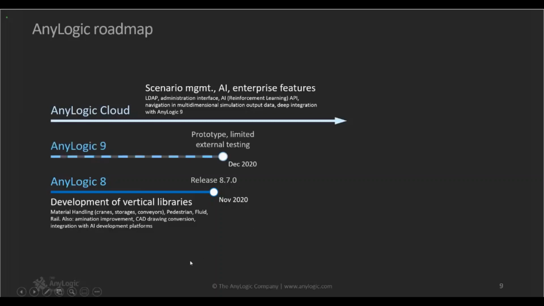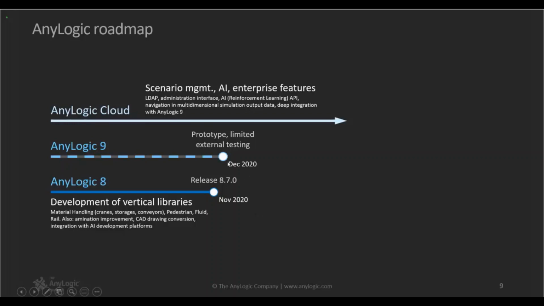And then the third thread, which is not yet visible to our users but has been in intensive development for a couple of years already, is AnyLogic 9. The next thing that will happen with AnyLogic 9 is the first public event with 9. A prototype will be available for limited external testing.